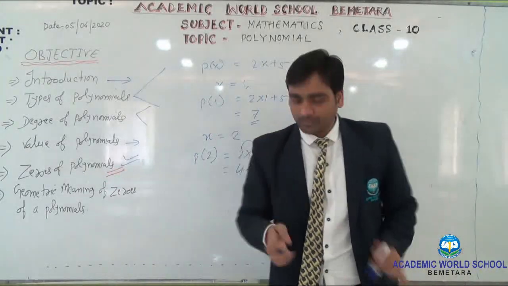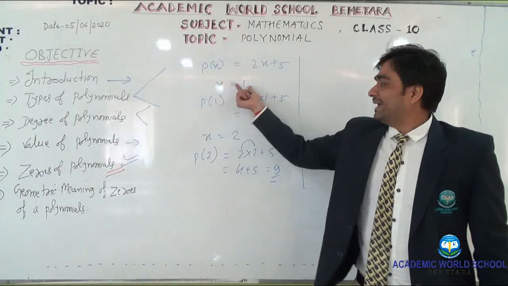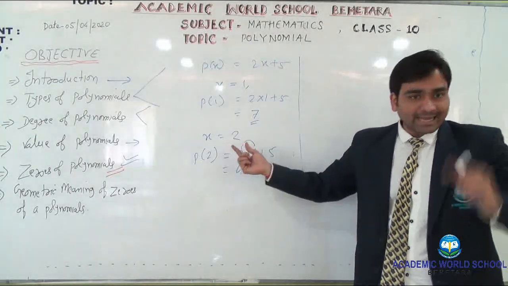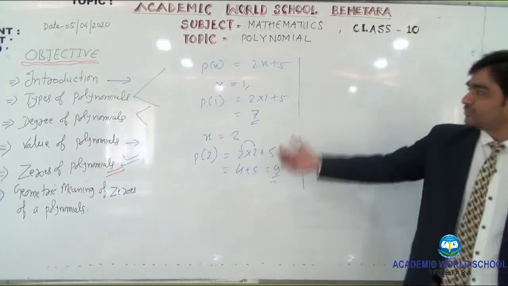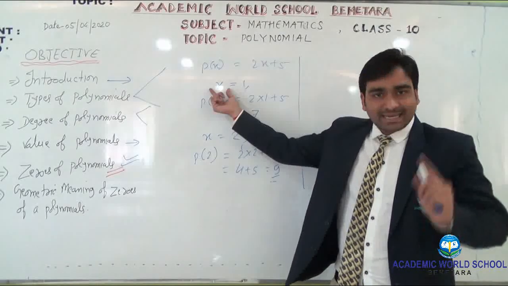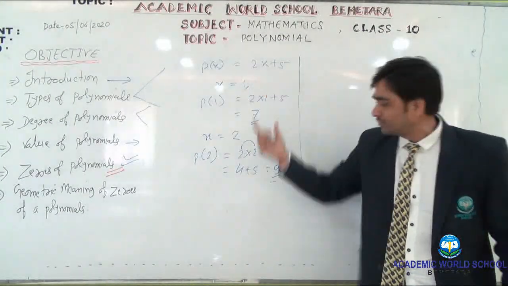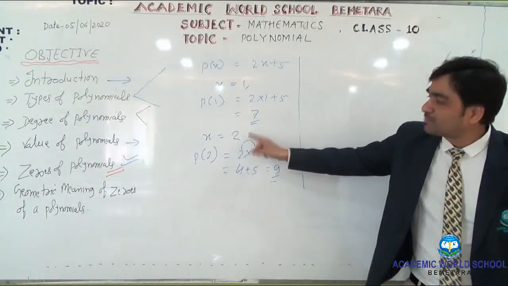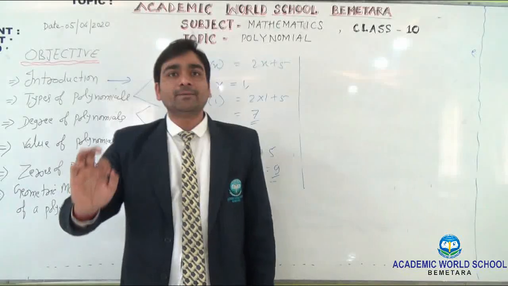If we take any value of x, substitute it in the polynomial, and after solving we get 0, then this particular value of x is known as a zero of the polynomial.